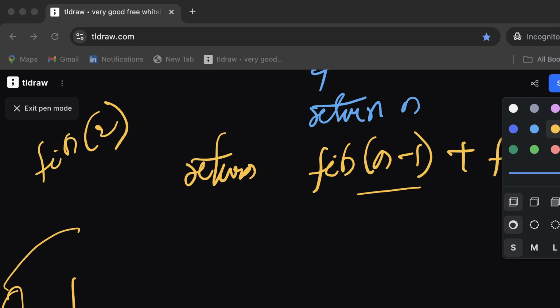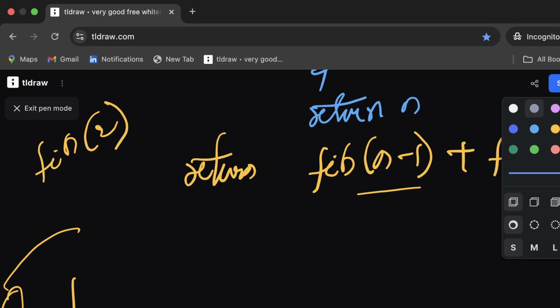So then if we say the sum of previous two, the second term is going to be 0 plus 1, right?